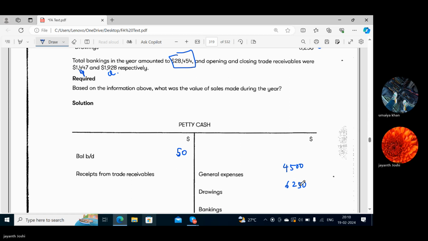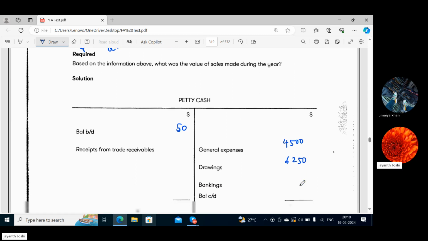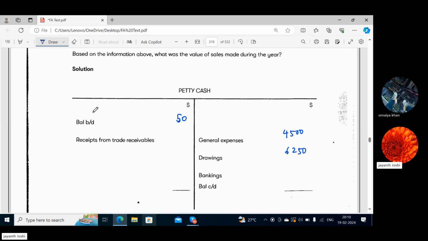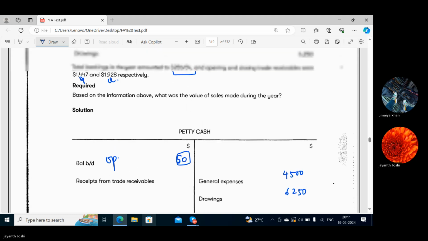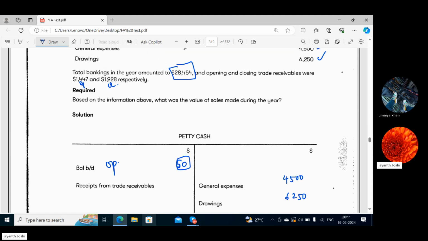We always maintain a balance of $50, so when the opening balance is $50, the closing will also be $50. How much amount was deposited into the bank? 28454.